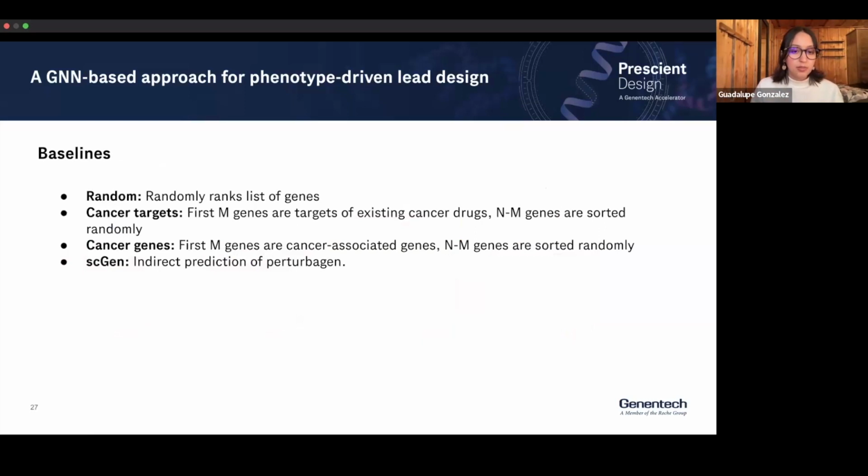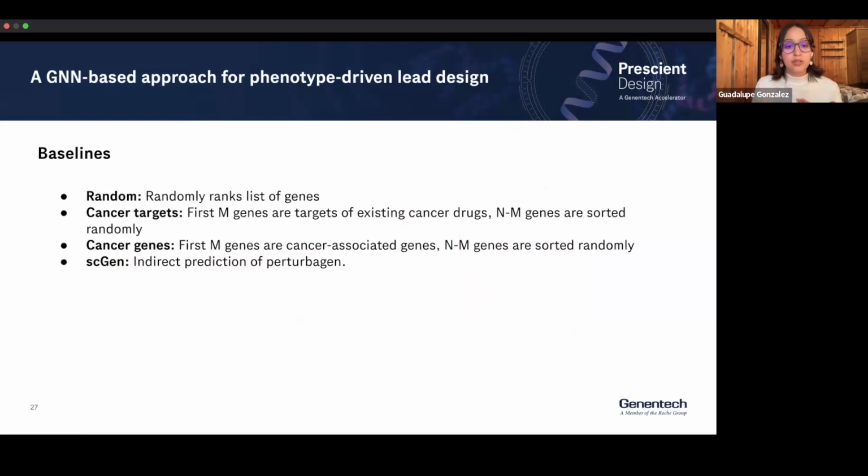We have 4 baselines in our initial work, 3 mechanistic baselines. Okay, so maybe before explaining the baselines, what our model predicts, I mentioned this before, but I'll mention it again.